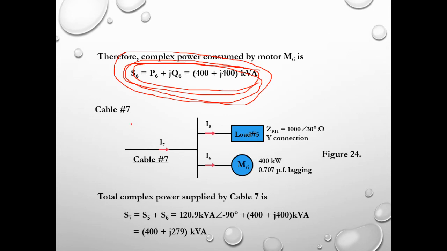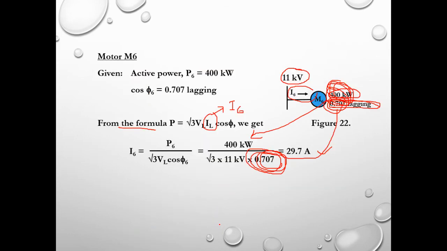So what about cable number 7? Cable number 7 is connected to the bus bar consisting of I5 and I6. From there, we can simply say that the total complex power S7 is equal to S5 plus S6, which I believe we have obtained earlier.